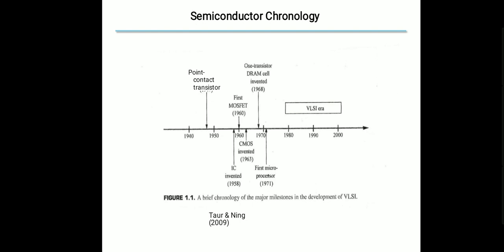The point contact transistor is before the 1950s, and the first MOSFET, a type of transistor. CMOS was invented in 1963, the IC was invented in 1958, the one transistor DRAM cell was invented in 1968, and the first microprocessor was invented in 1971. So we can see all of these were invented in the 20th century.